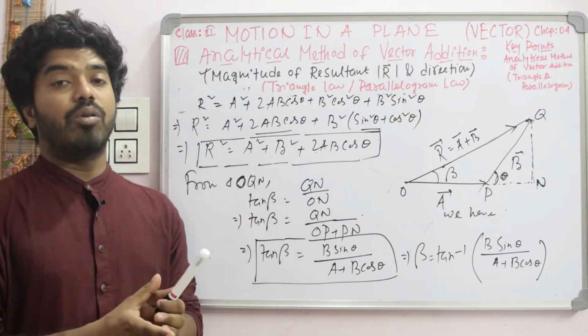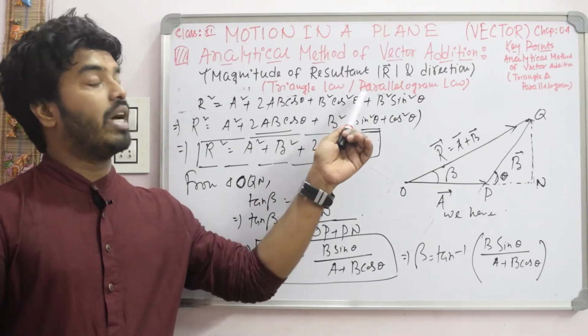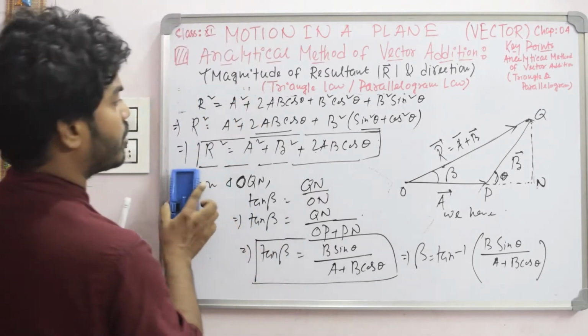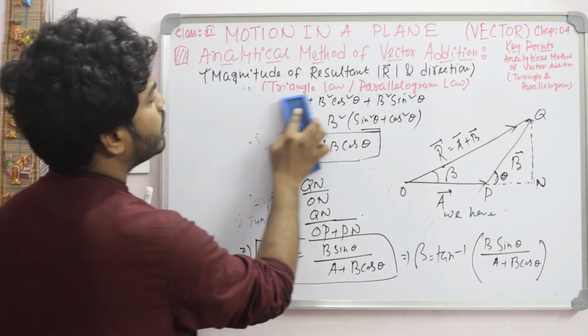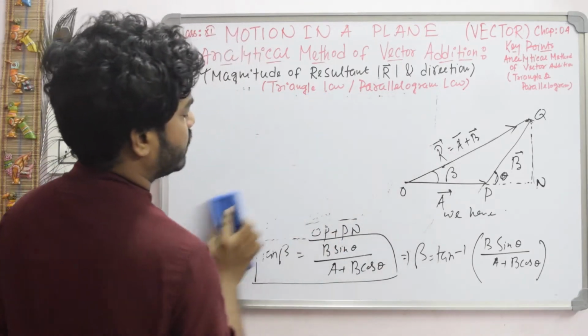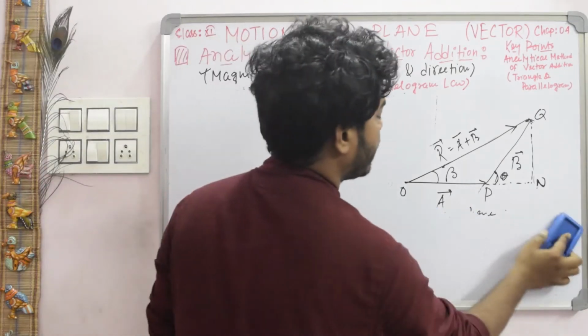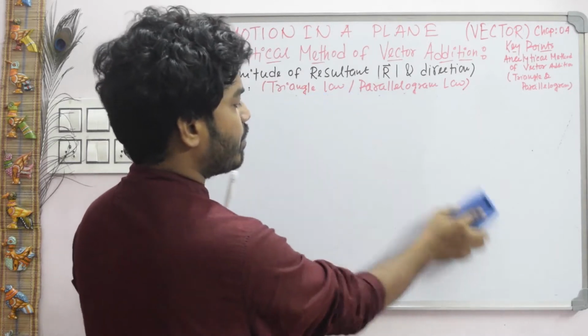Now we have to derive this expression with the help of the parallelogram law. At first we have to draw this diagram, but here we have to use the parallelogram law of vector addition. So here two vectors A and B must represent two adjacent sides of a parallelogram.